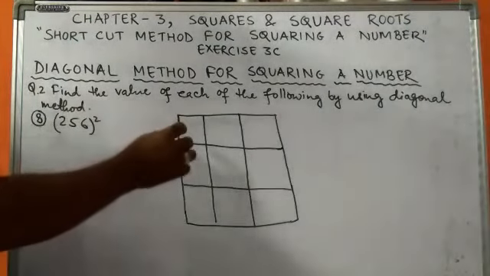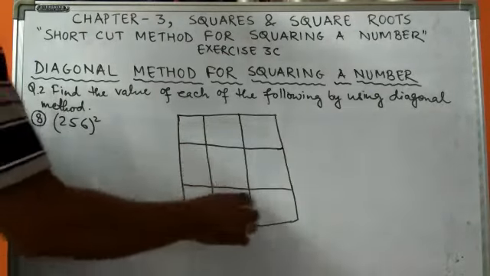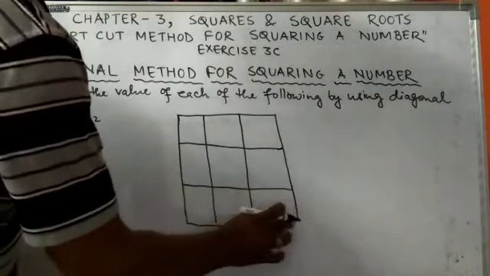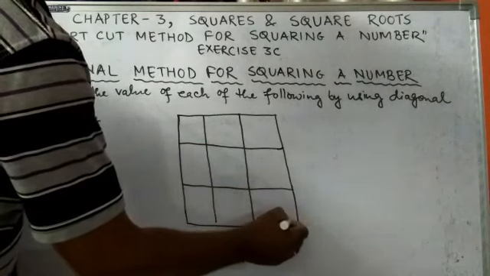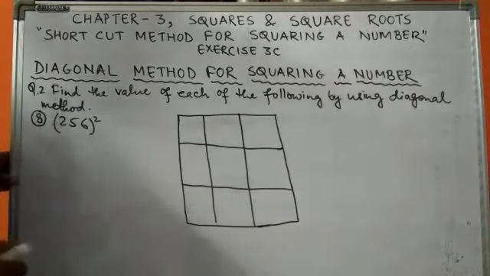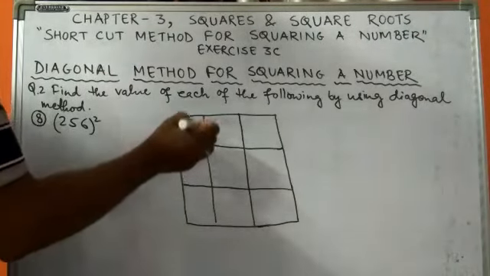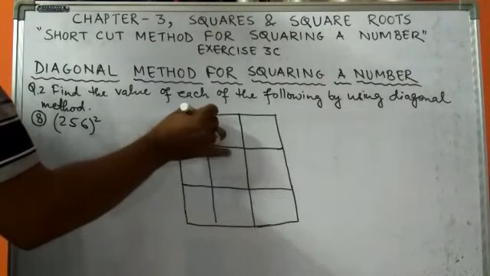That means here we see 6 equal-size boxes formed by this method. Now we have to draw the diagonals for each square.